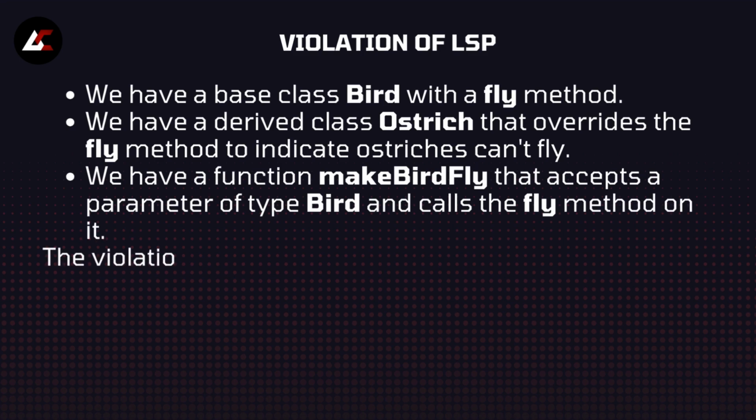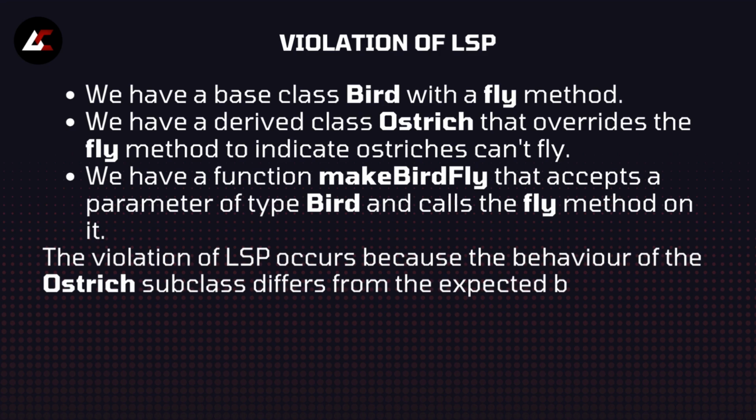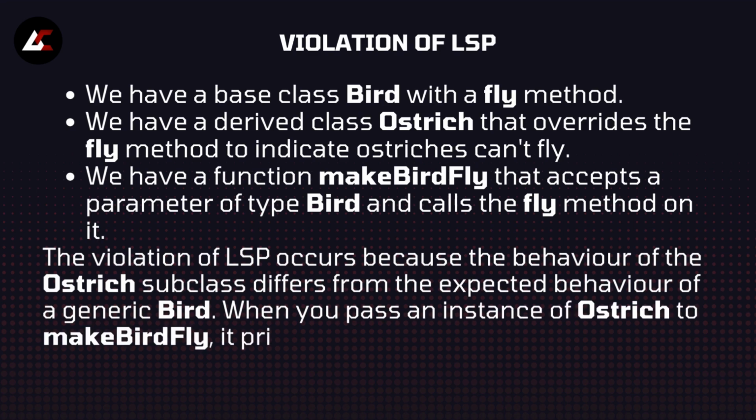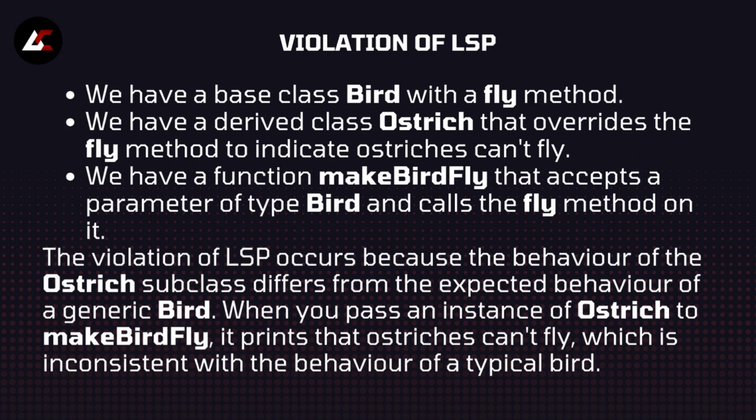The violation of LSP occurs because the behavior of the Ostrich subclass differs from the expected behavior of the generic Bird. When you pass an instance of Ostrich to makeBirdFly, it prints that ostrich can't fly, which is inconsistent with the behavior of a typical bird.